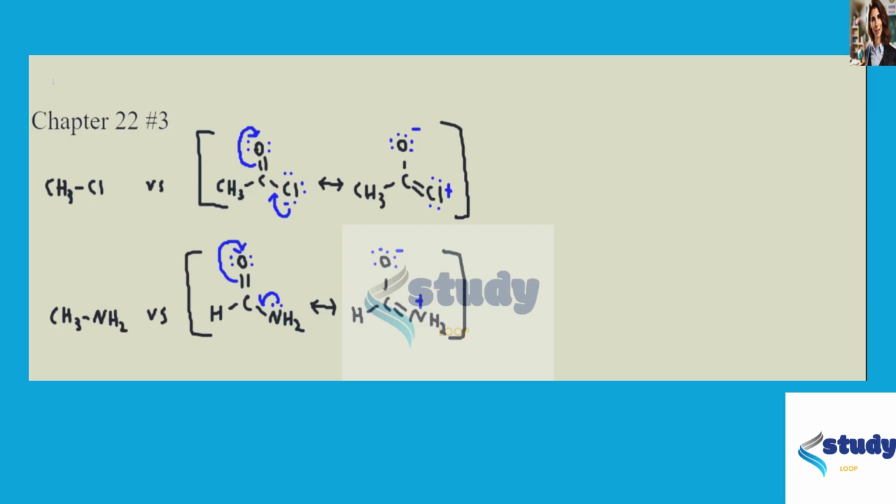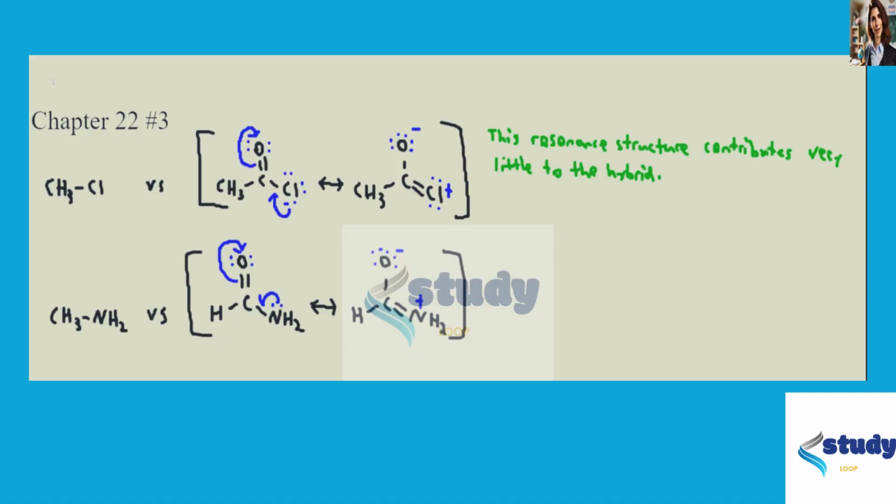So the main point here is that when we're looking at the acid chloride, this resonance structure contributes very little to the resonance hybrid.